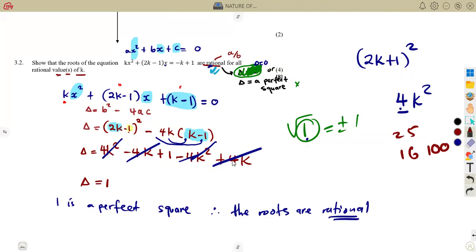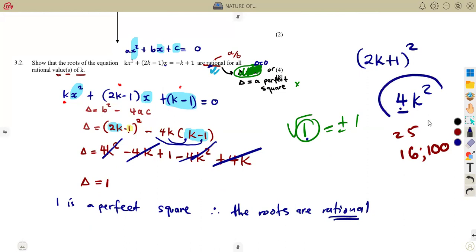Here it is because everything cancelled, so we cannot say it is because of that. That's why we are using a number that we got. We are comparing using a number. If you still have the k in your answer, compare it to say, can it be written in this manner?